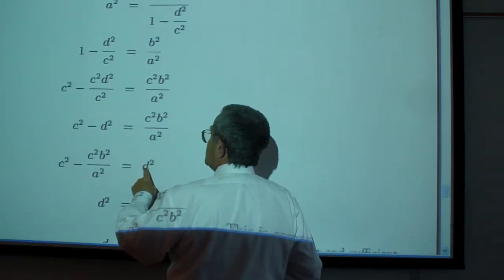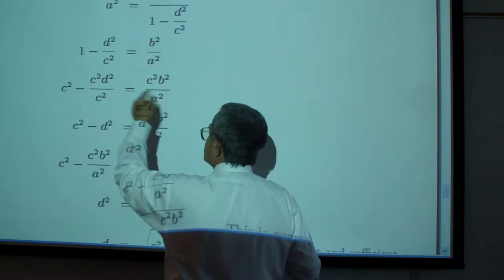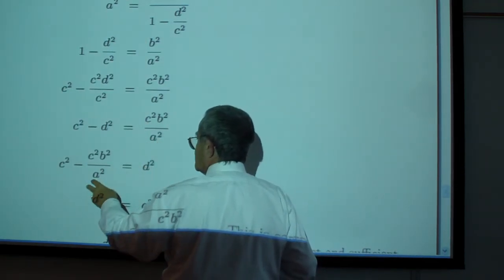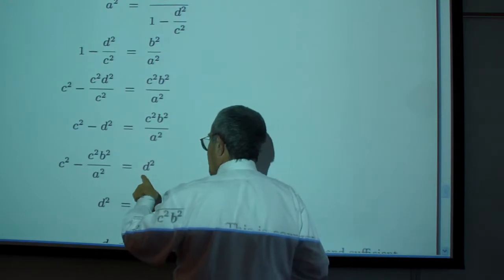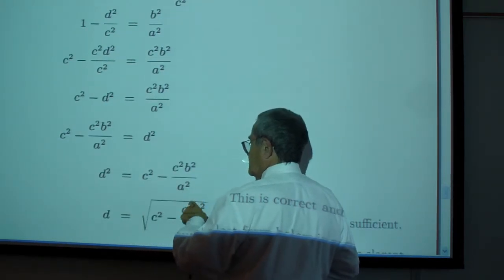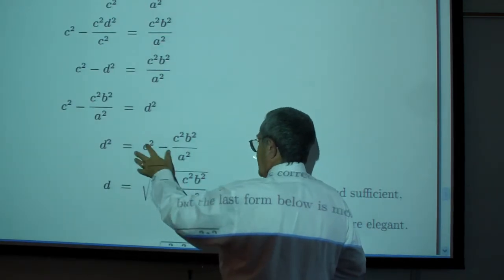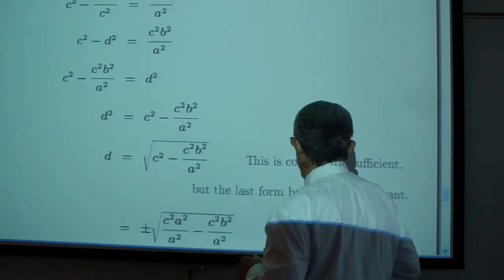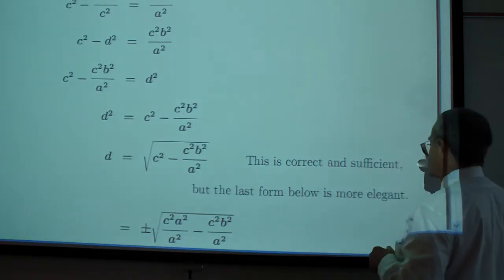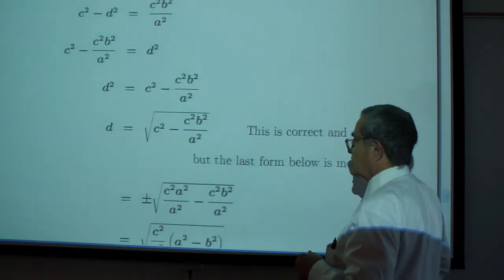You want to isolate d by adding d to both sides and subtracting this term from both sides. And then finally, you're going to take the square root. So d is really plus or minus what you have on the right here. Okay.